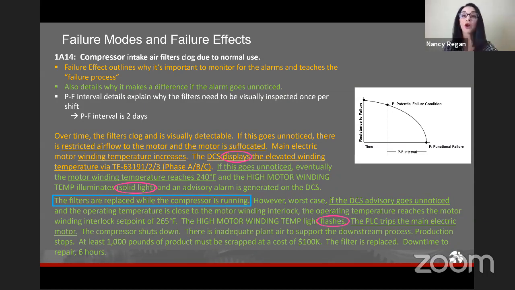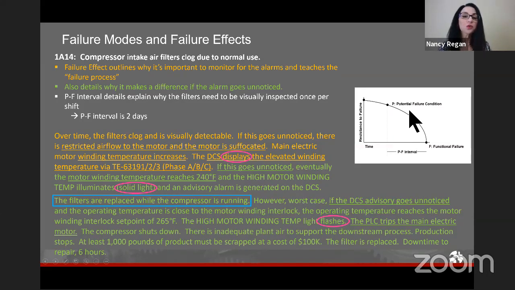We could use thermography to monitor for temperature. We can do continuous monitoring with sophisticated devices installed on our machines. Whatever it is, there's going to be a potential failure condition. And if we're not on the lookout for it and we ignore it, well, then eventually functional failure happens.